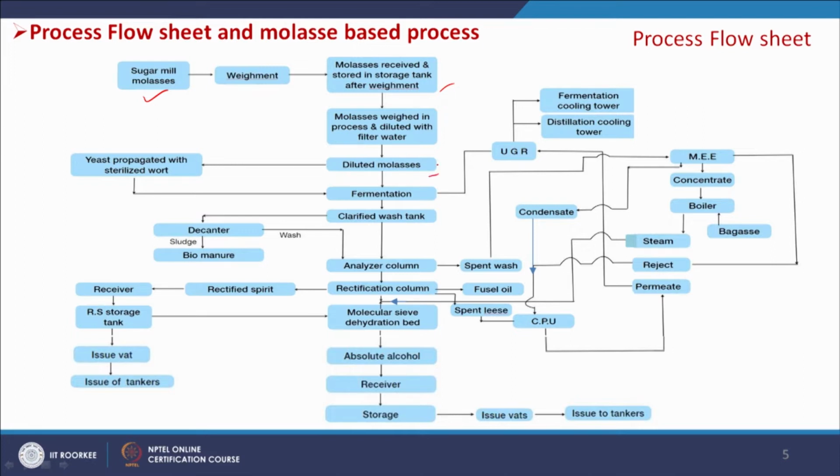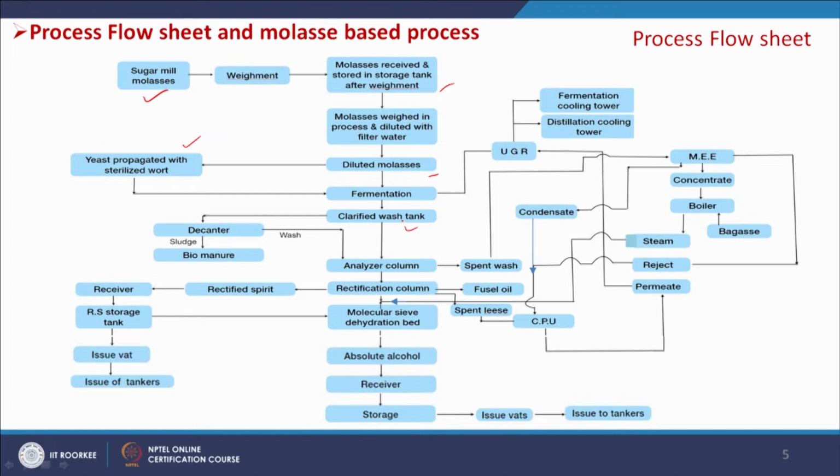So, we have to add yeast. This molasses can be used for the yeast propagation with sterile wort, and then fermentation takes place. So, we are adding the yeast broth here in the fermenter.